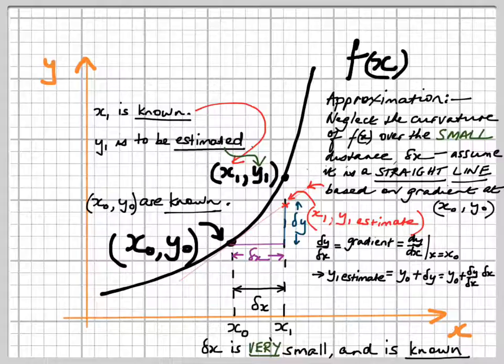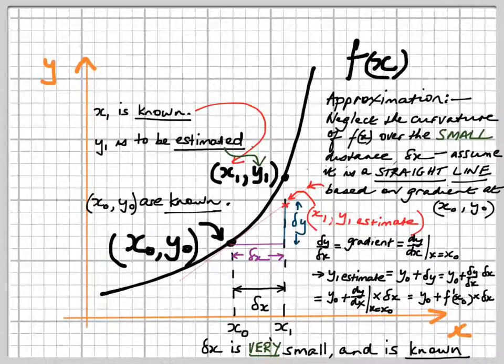So what we're leading around to is that y0 plus the gradient at x equals x0, dy dx at that point, times delta x, which is the same as the line above, is equal to that thing. That's y0 plus, in alternative terminology, f dashed x0 times delta x.